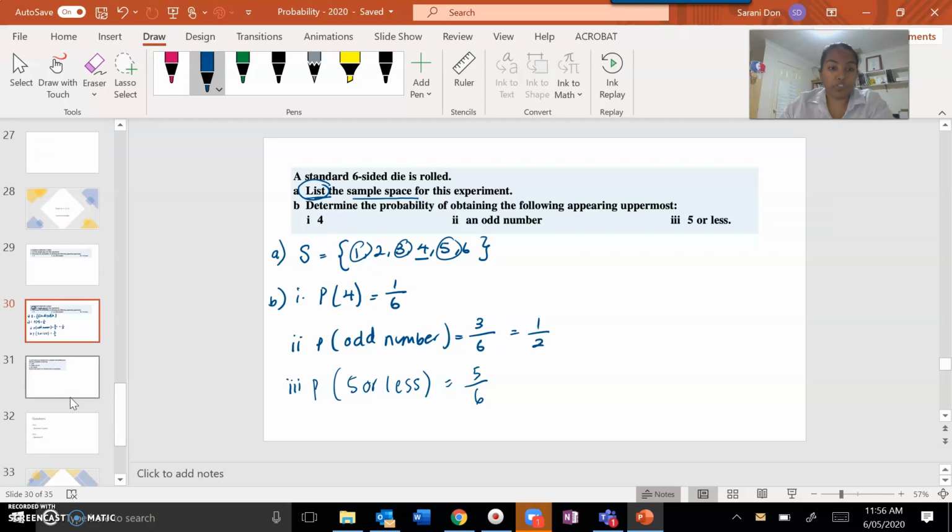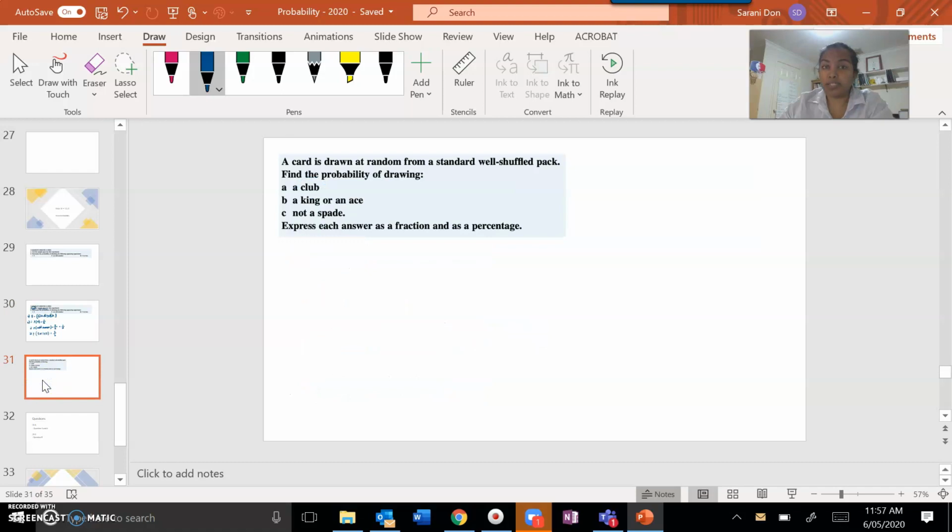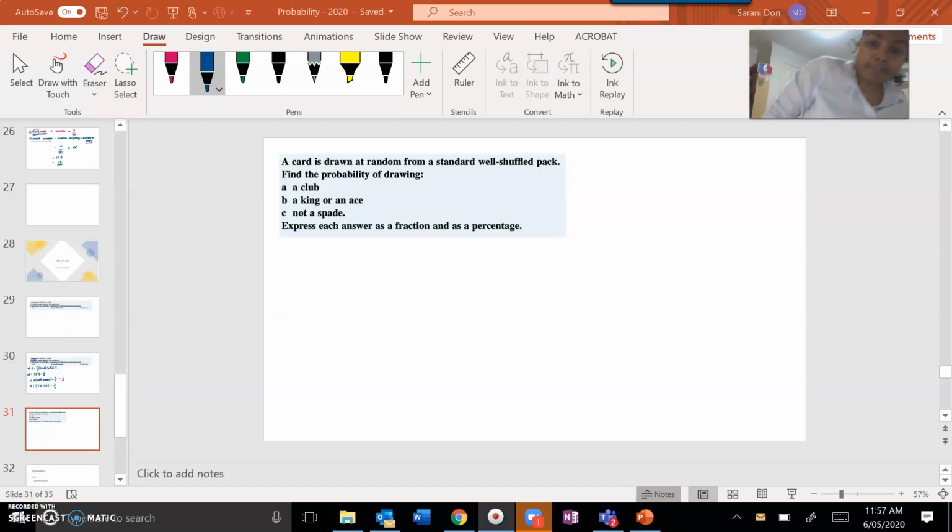And I'm going to do one more question with you guys. This is about cards. Again, very similar to the other question. So this is about a deck of cards. Be familiar with what a card deck has. So a card deck has four suits: hearts, diamonds, clubs, and spades. Two red, two black.